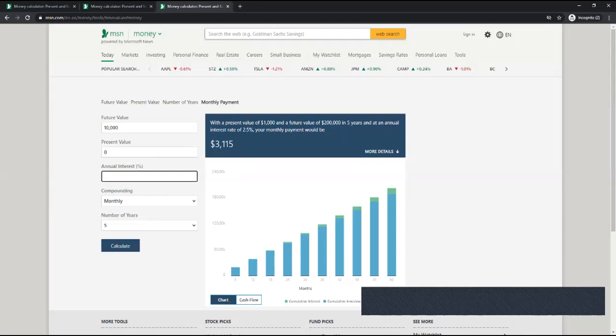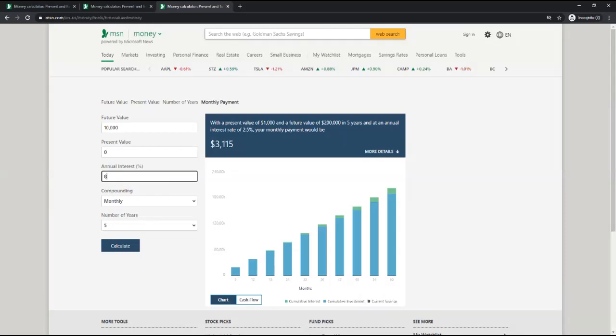And the annual interest rate, I'm going to use 8% as an example. It could be more, it could be less, depending on the market. If the market is very good, the interest rate could be more, it could be 12%, or more than that. But if the market is poor, then the interest rate could be low.